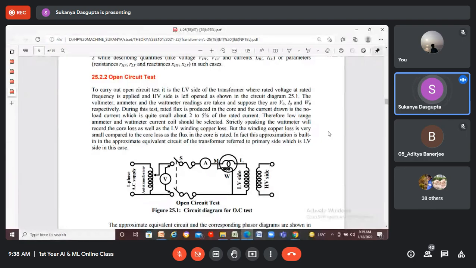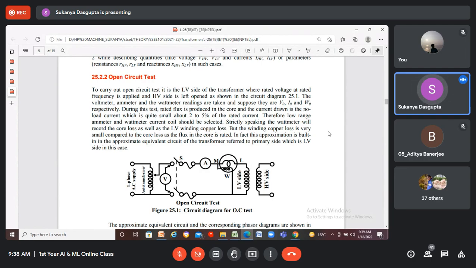These are the major losses found in a transformer. Core loss, mainly the iron loss, comprises two losses: the hysteresis loss and the eddy current loss. And copper loss is mostly the ohmic loss or I squared R loss, found in the transformer windings, right?